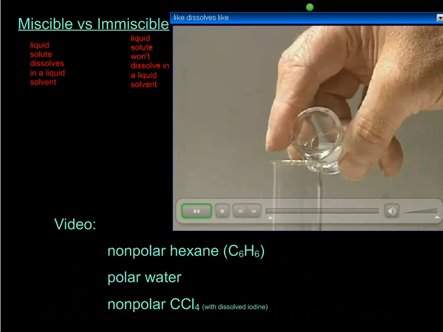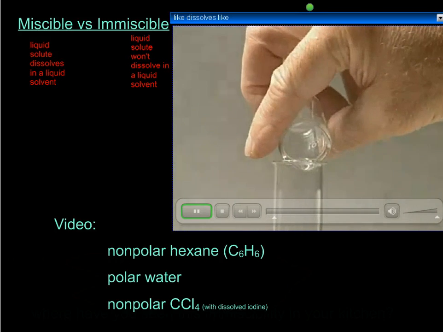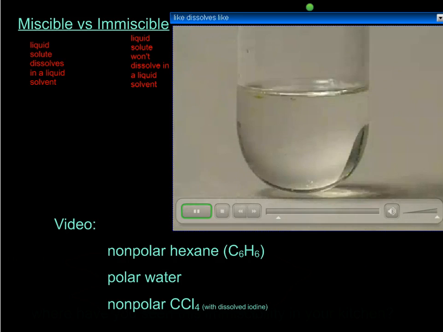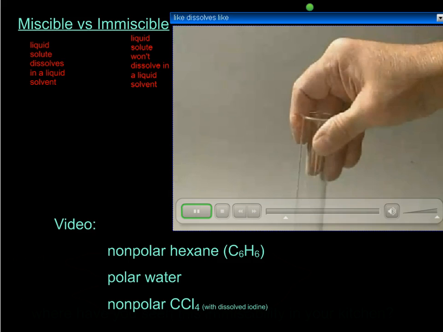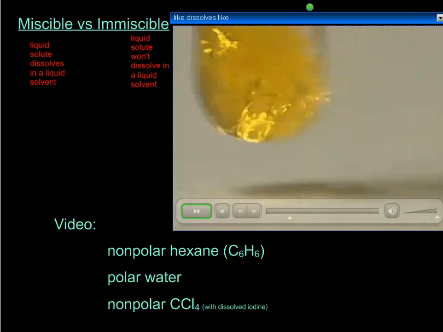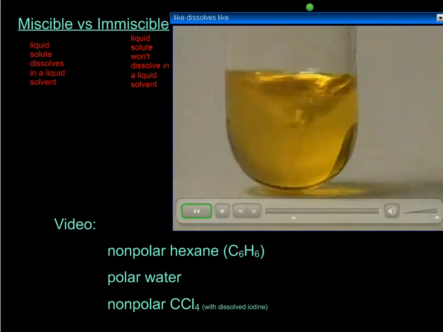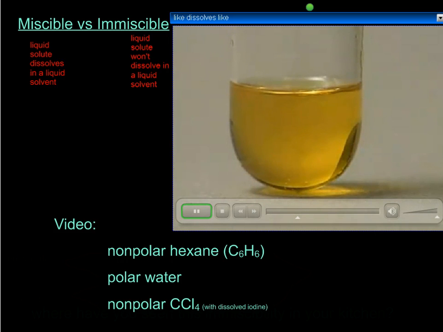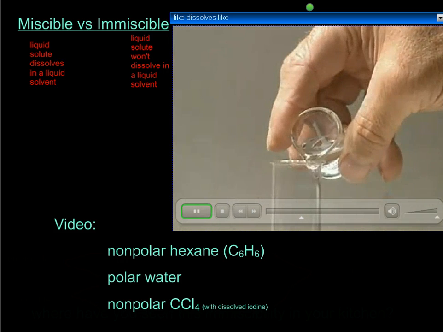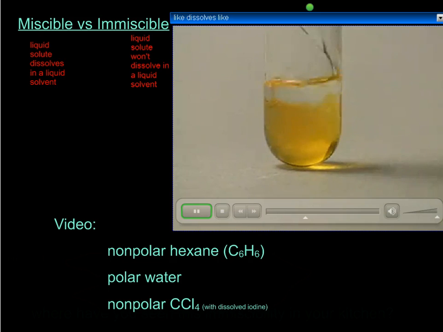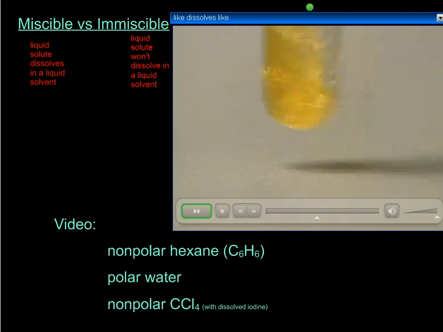Nonpolar carbon tetrachloride is poured into a test tube. When a nonpolar colored solid is added, the solid dissolves in the carbon tetrachloride. When polar water is added to the test tube, it forms a layer on top of the carbon tetrachloride, since water is immiscible with and less dense than carbon tetrachloride.